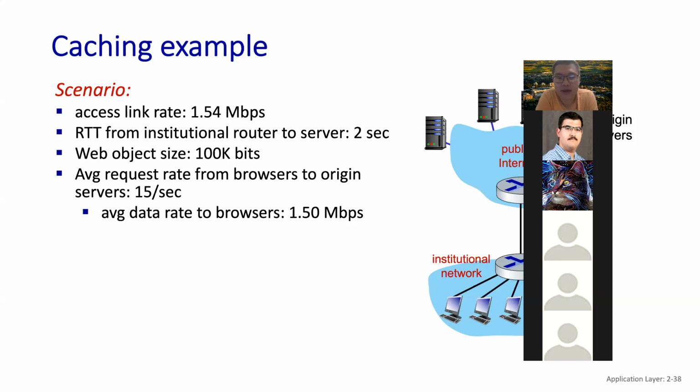Every time you access a web object, the size is 100K bits. The RTT from the institutional router to the server is 2 seconds. Remember the RTT: you send one message and get the response back. And the average request rate is one request every 15 seconds, from one user.